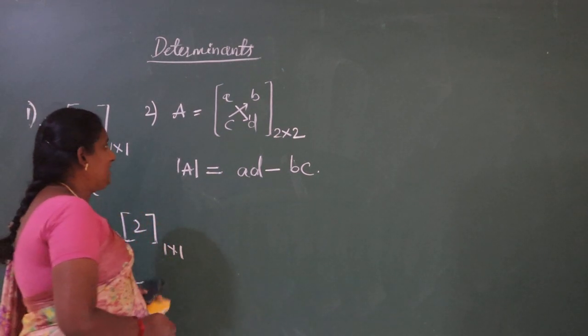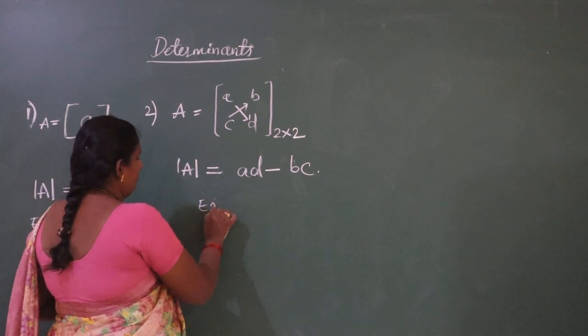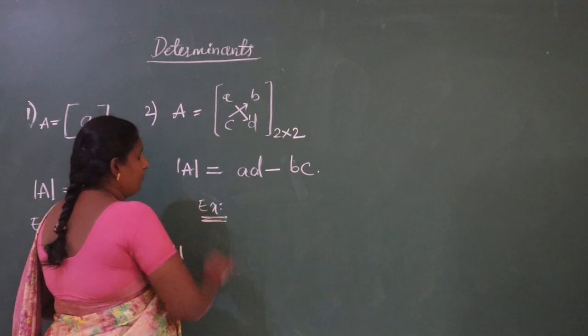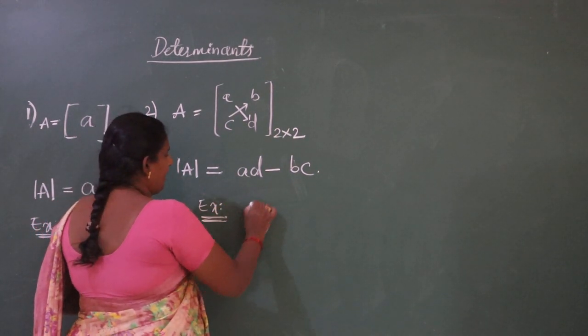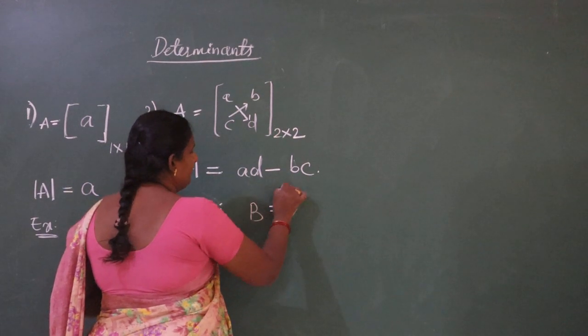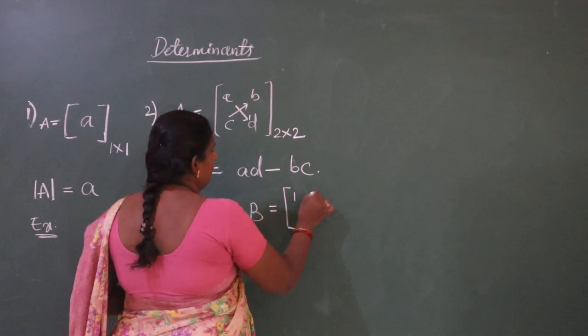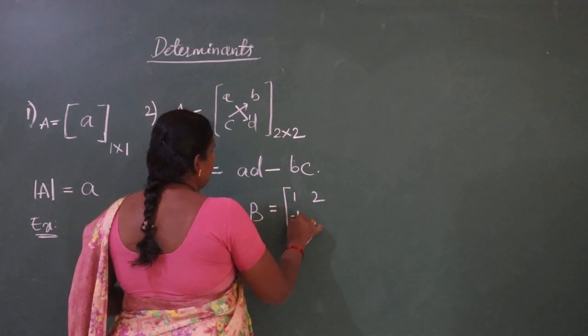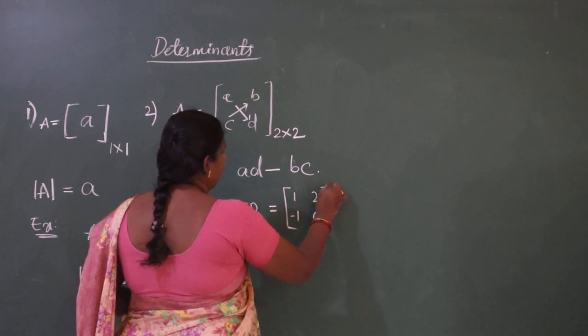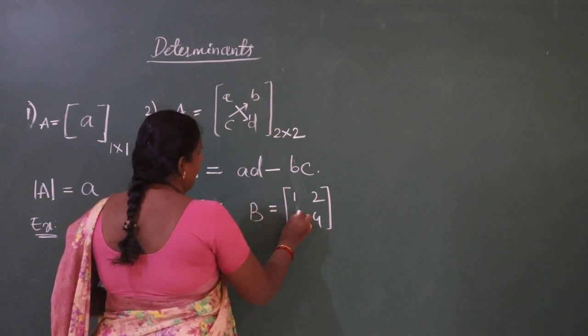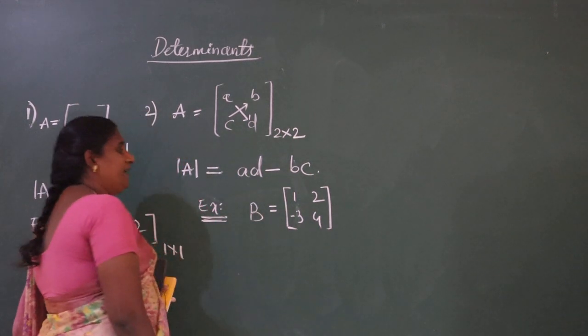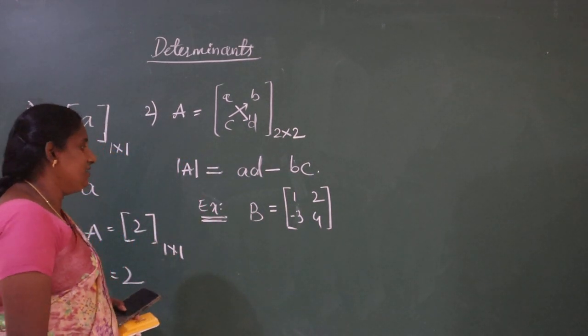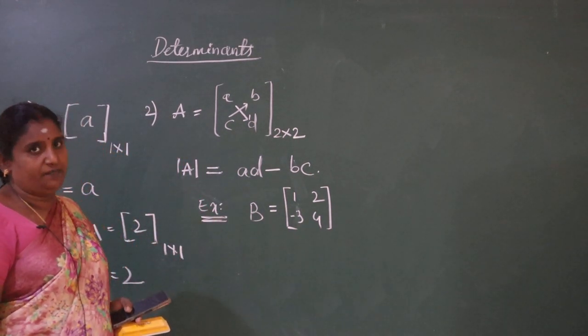Let's check one example. Suppose I have a matrix B whose elements are 1, 2, minus 3, 4. Then what is the determinant of the matrix B?